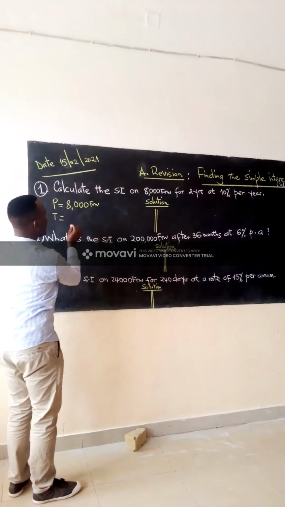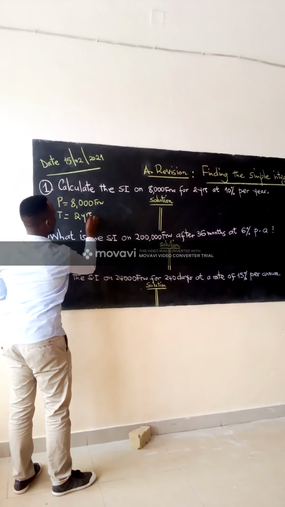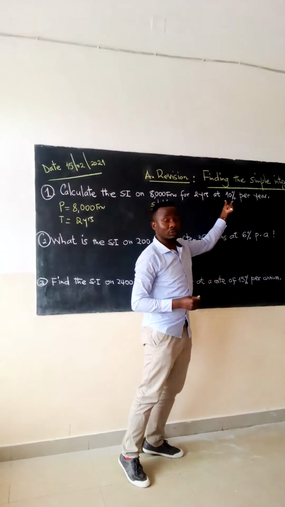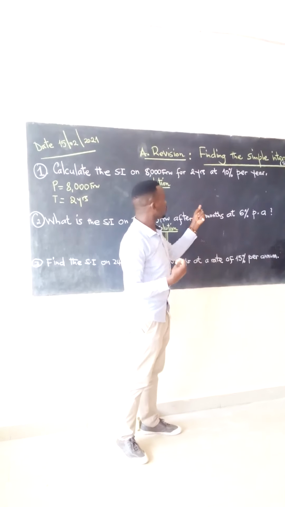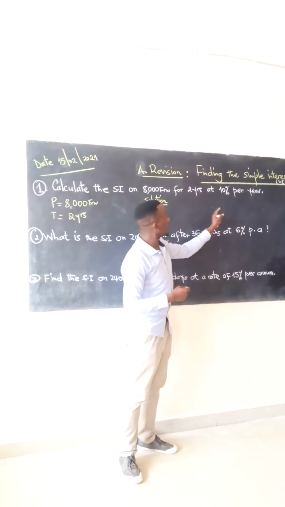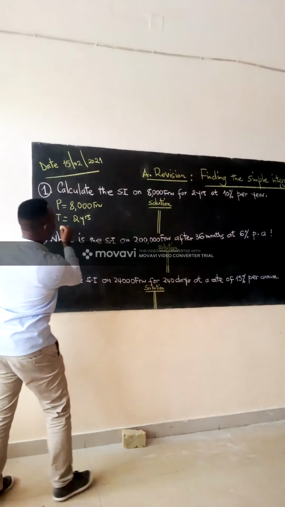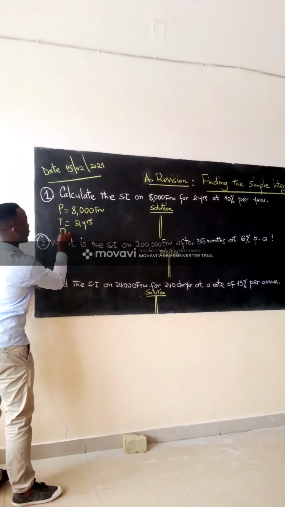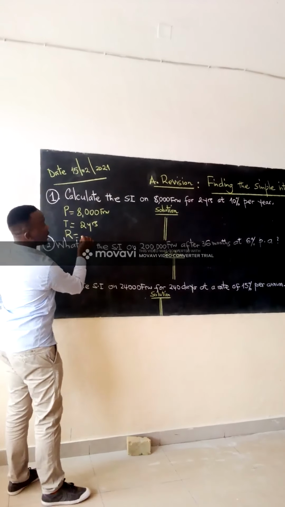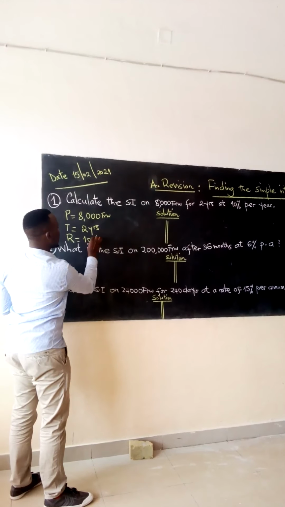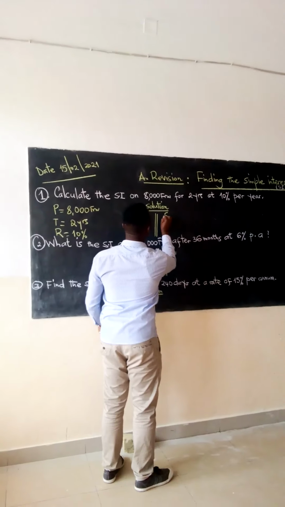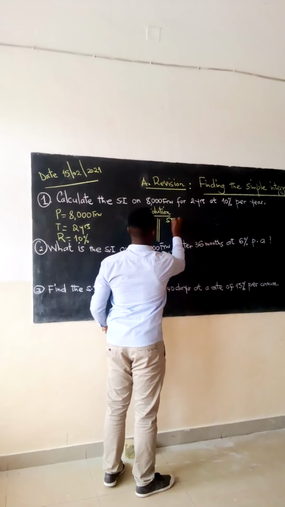We have the rate of interest. Remember that the rate of interest is the percentage by which the interest is calculated. It is symbolized by letter R. It is 10%. The question is, find the simple interest.